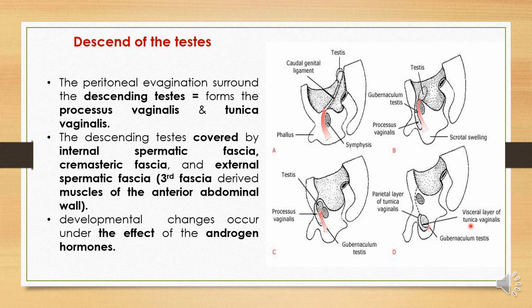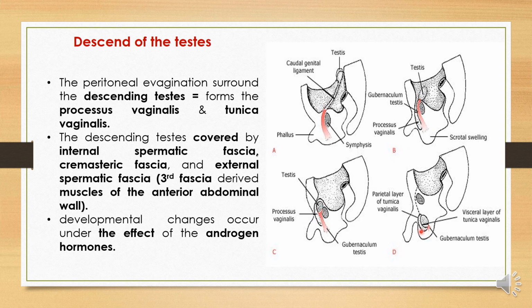These three fascial layers are derived from the muscles of the anterior abdominal wall. The above developmental changes occur under the effect of androgen hormones.